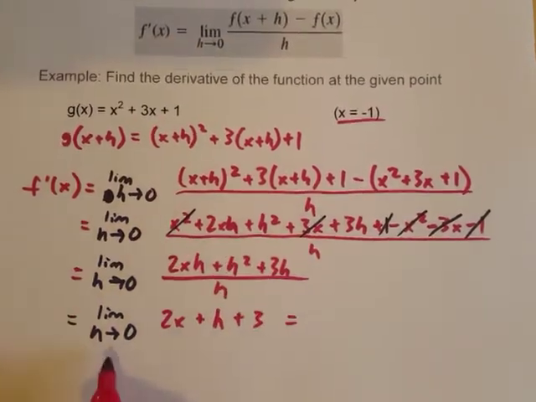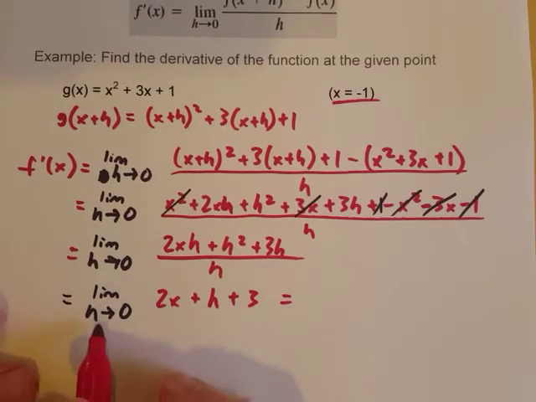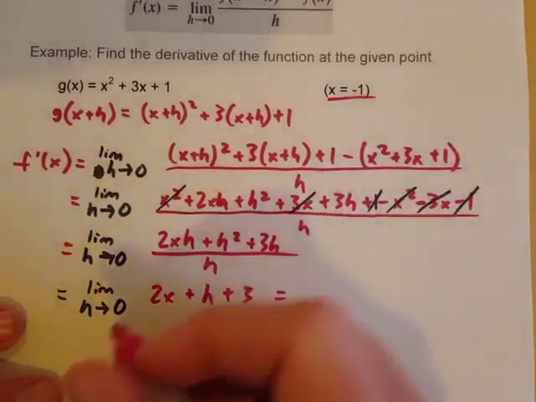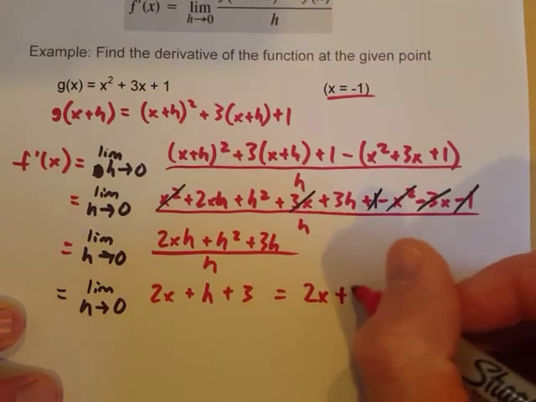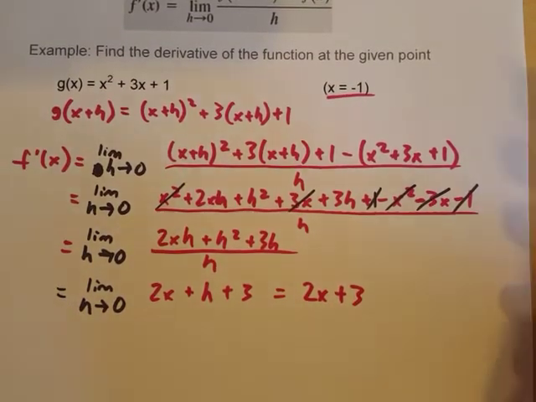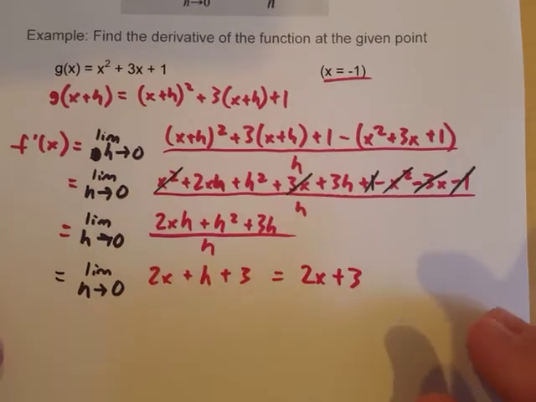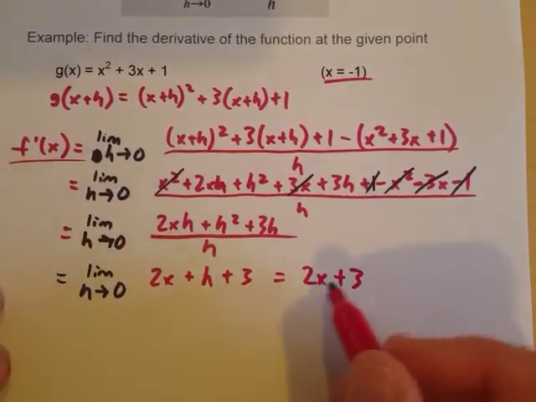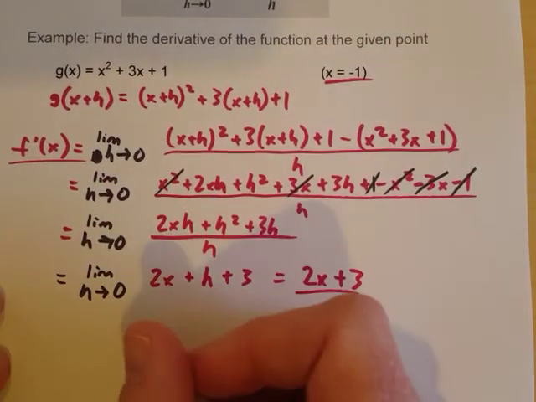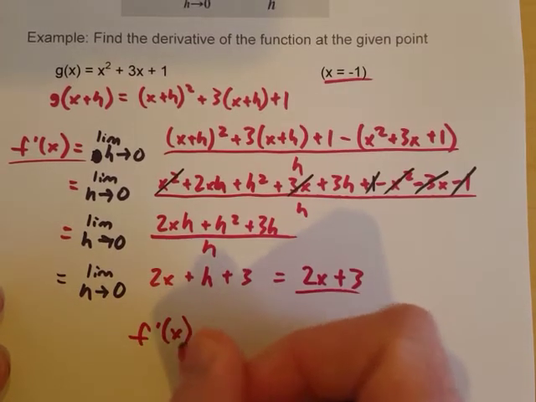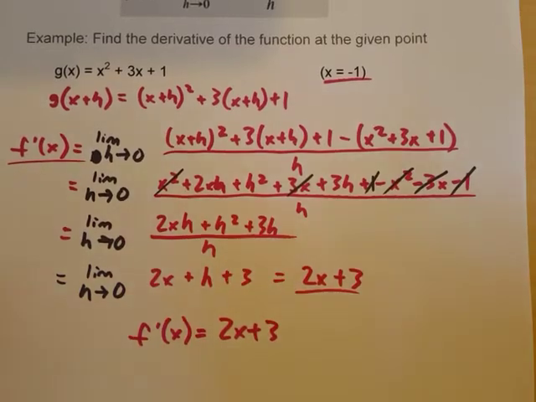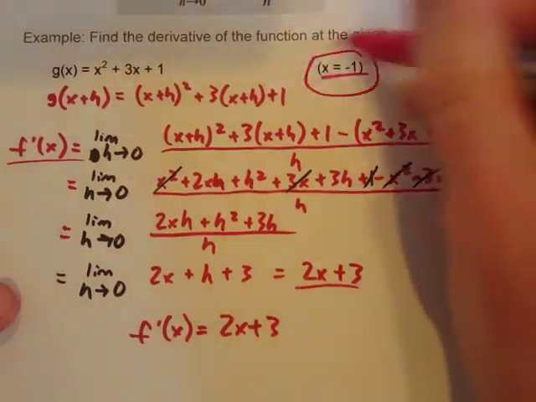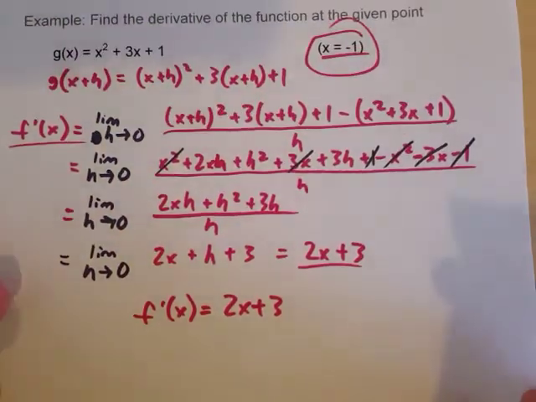Now we can actually substitute 0 in for h and get an expression. We do that, 0 goes in here, we're just left with 2x plus 3. So going through this whole process again, what that means is that f prime of x is equal to 2x plus 3. That's what we've come up with. That's the formula for the derivative. Now if we want to find it at this particular point, we plug that -1 in.